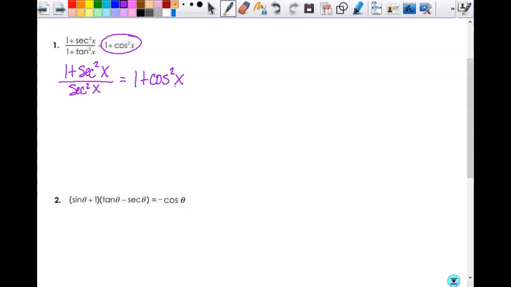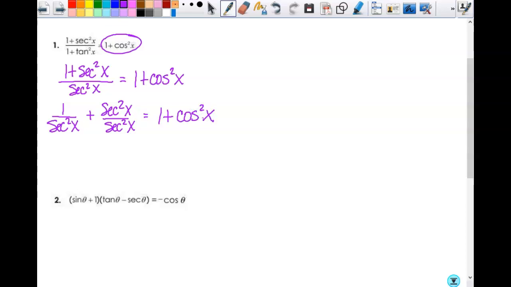So then, on the left-hand side, I would say I could split my fraction. So this is going to be 1 over secant squared x plus secant squared x over secant squared x. And that equals 1 plus cosine squared x.